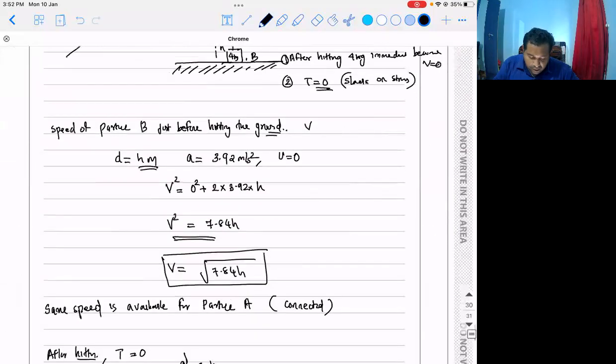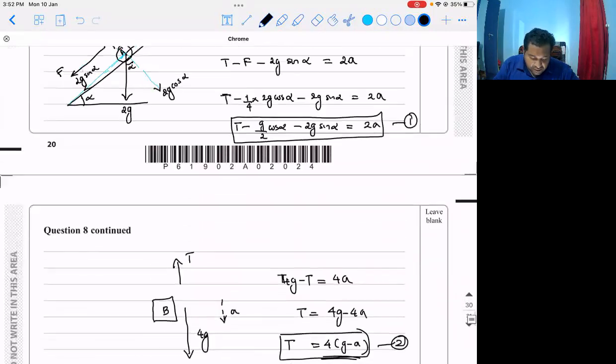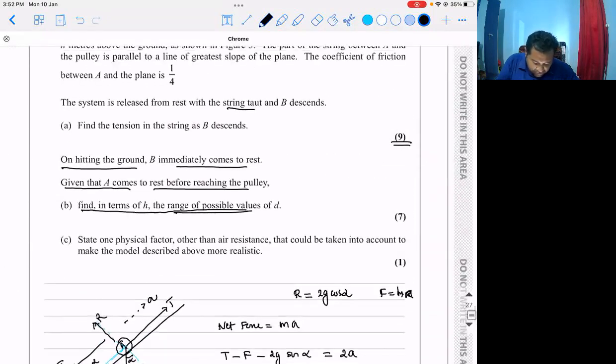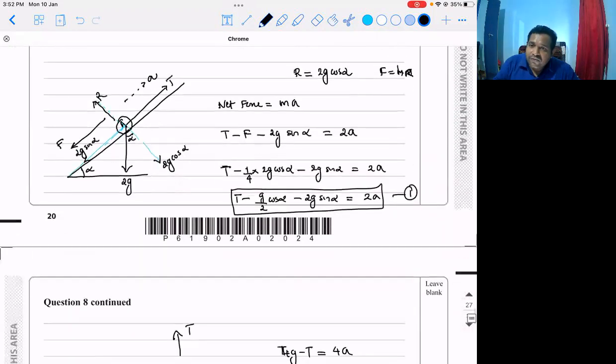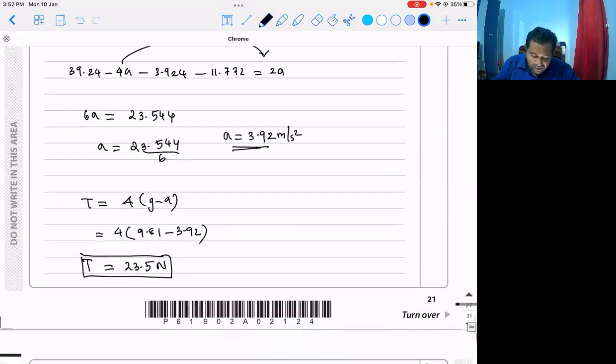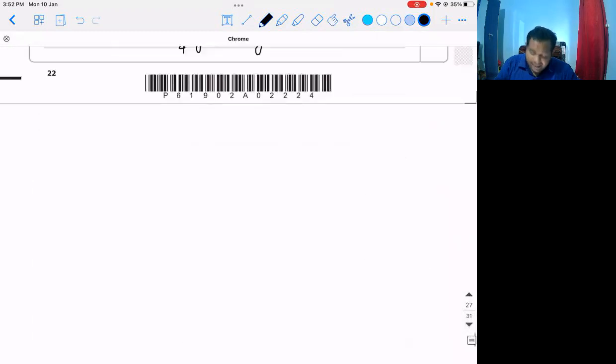Okay. Now, the last part of this question paper. State one physical factor other than air resistance that could be taken into account to make the model described above more realistic. So here we didn't consider the mass or weight of the string, correct?